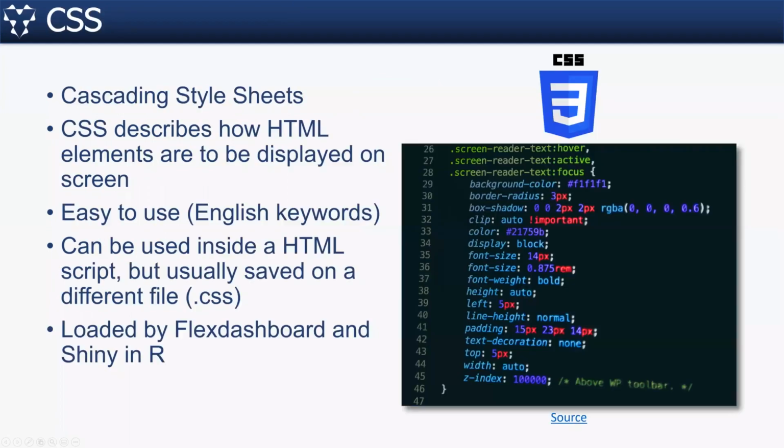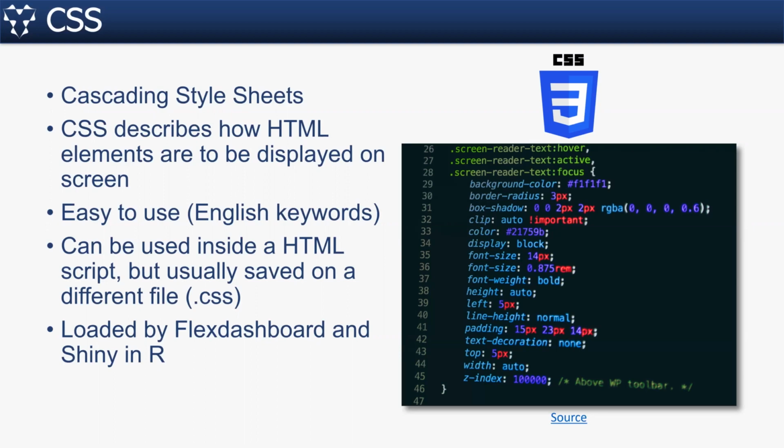About the CSS, it's called Cascading Style Sheets. When you create a page with HTML, it's going to be a very simple web page. The CSS is going to be used to describe how the HTML elements are going to be displayed on screen. The examples in the app that I showed you: how to change the colors, how to make the text in the center, and so on.